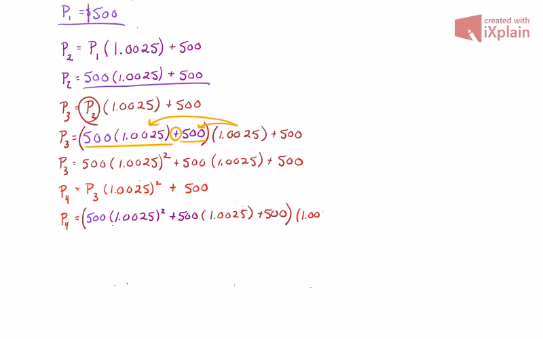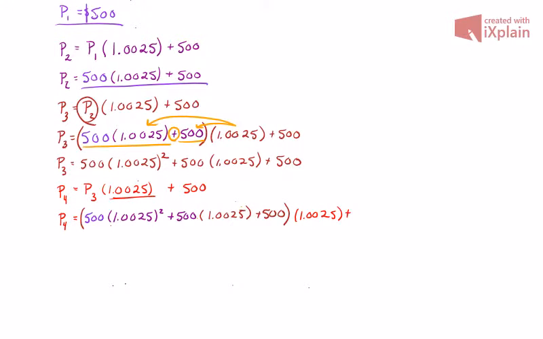That is being multiplied by the 1.0025, as is indicated here. Oops, and sorry again, I see what I did. That should not be there. That should just be 1.0025. I apologize for that. And then again, we have our $500 new deposit. So again, we can go ahead and distribute. Here we end up having 3 terms because they're being separated by addition signs.